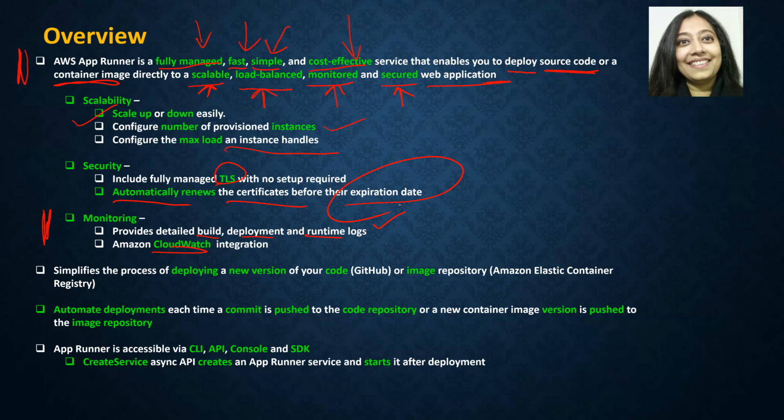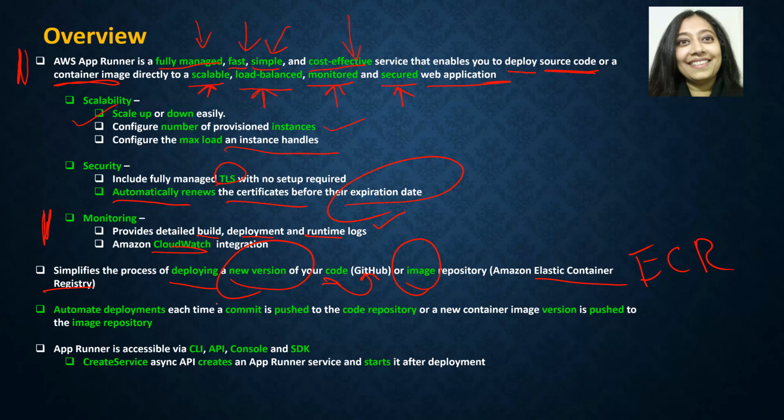It also simplifies the process of deploying a new version of your code from GitHub or a new image from your repository. And right now, it only works with Amazon Elastic Container Registry, or ECR. Of course, this could be the regular ECR or the ECR public. You can also automate deployments, right?